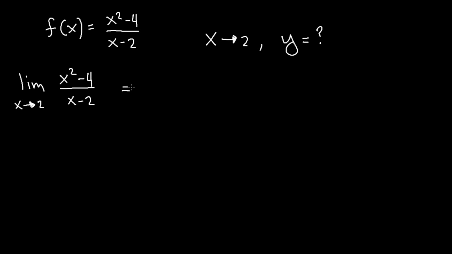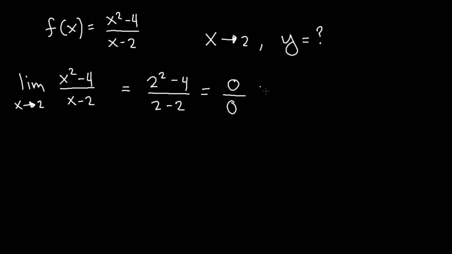So in this, the first thing you should do is direct substitution. So you substitute 2 into the function. So we have 2 squared minus 4 over 2 minus 2. So this is 2 squared minus 4. 2 squared is 4, minus 4 is 0. 2 minus 2 is 0.